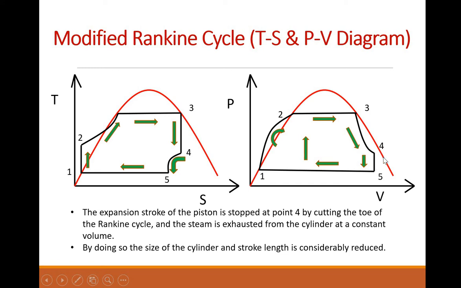That small toe of the curve does not perform that much useful work, so we can have a compromise with that. We can allow the process to be interrupted in between so that the size of the cylinder can be reduced, and hence the stroke length also gets reduced. That forms an advantage, and that forms your modified Rankine cycle with a small modification.